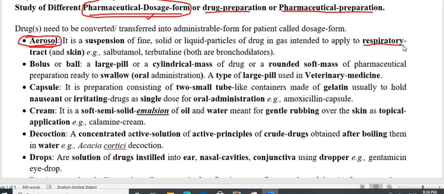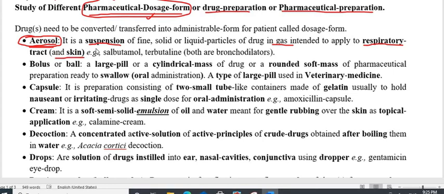So therefore aerosol are the medicinal or drug formulation, usually in suspension form and in such a way the drug should be administered to respiratory tract is called aerosol, and also this also can be used on the skin.